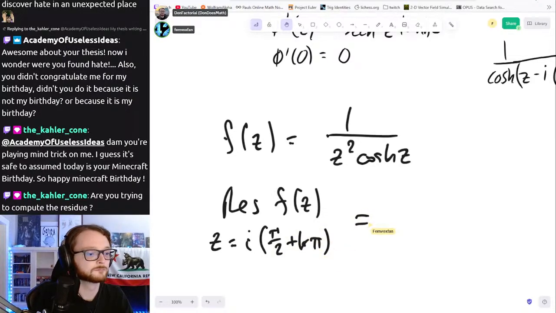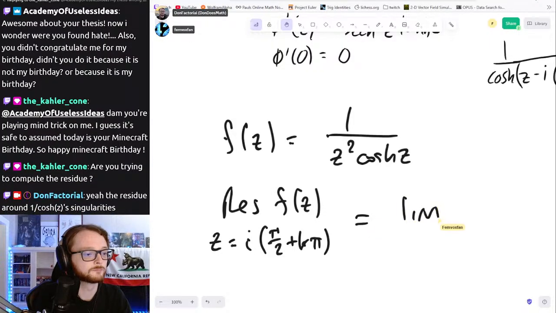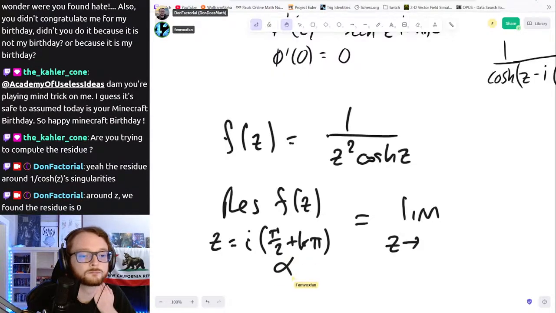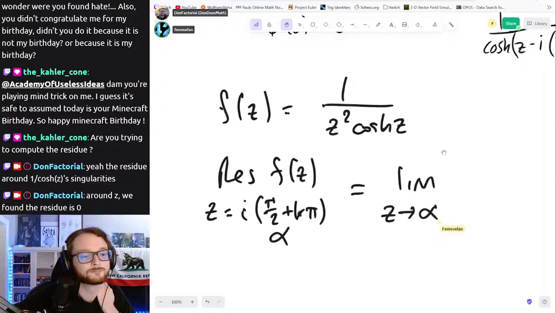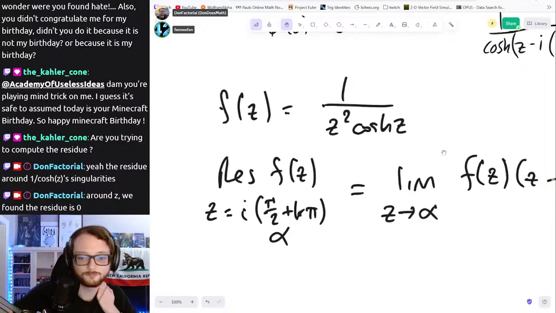And I want to say that's equal to the limit as z approaches, can I just call this alpha? Yeah, I'm going to call this alpha. z approaches alpha of f of z times z minus alpha.